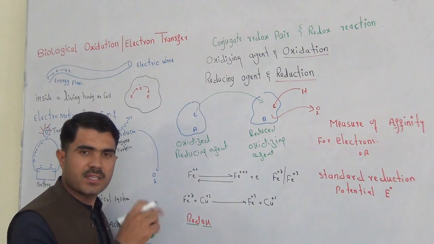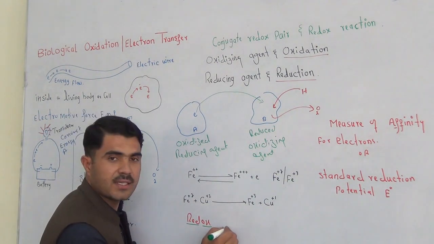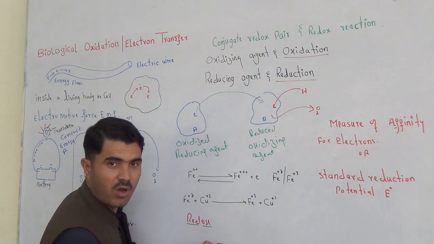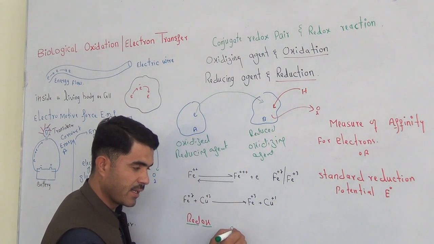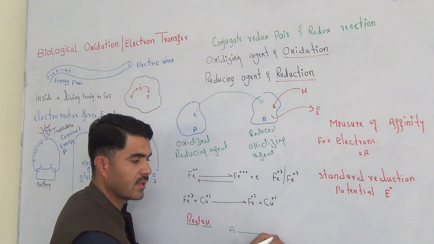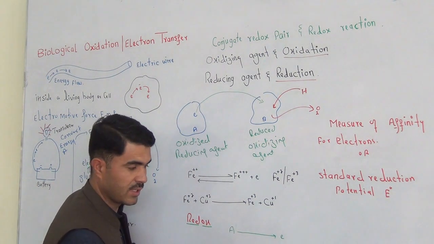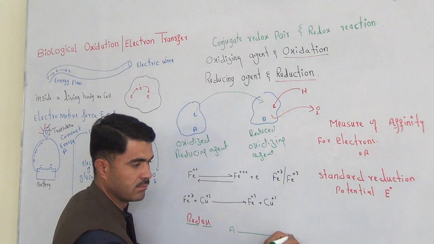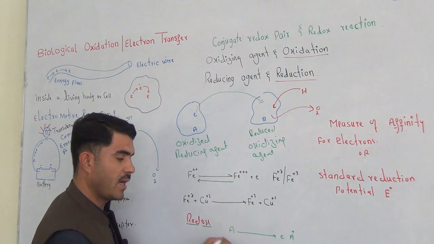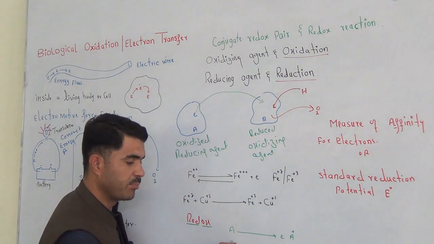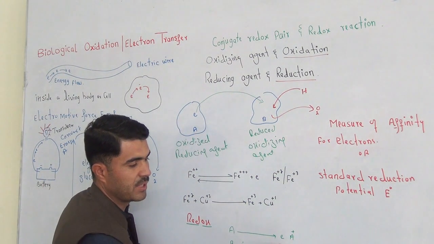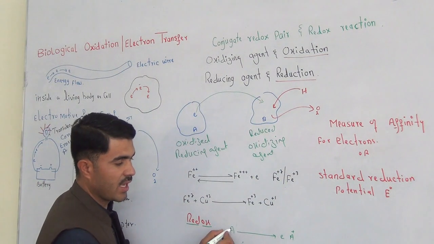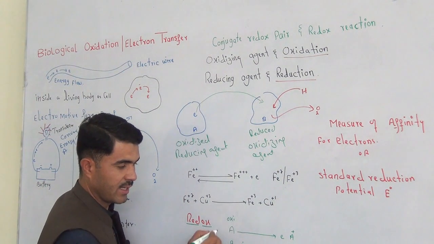It means if at any place we see reduction as well as oxidation, let's suppose we have A, it has lost its electron and A becomes A positive, and B will get the electron and it will become B negative. So A becomes oxidized and B becomes reduced.